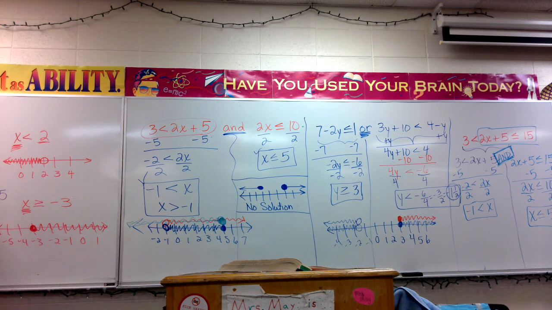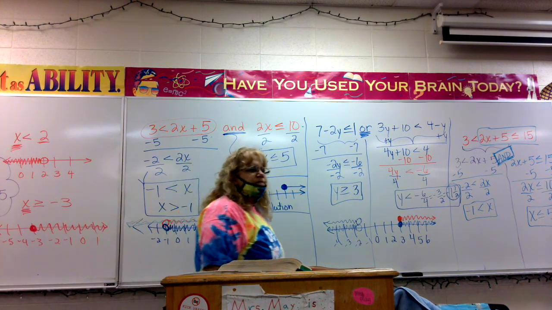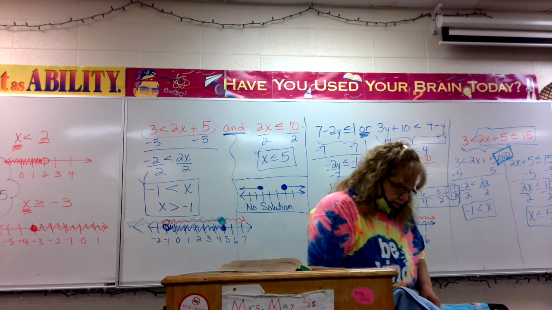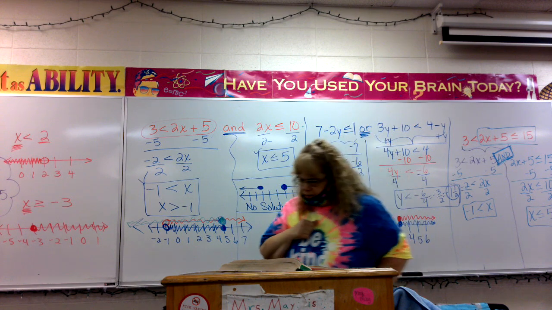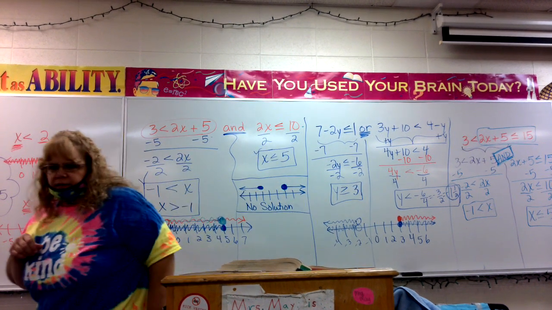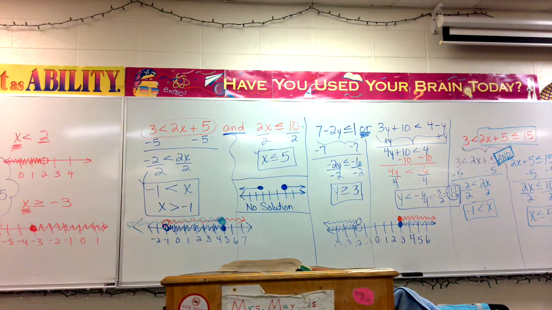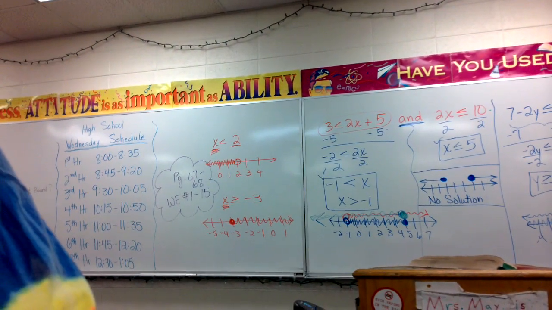Okay. 67, 68, written exercises 1 to 15. 15, not 50, 15. Okay? Are we good? All right.